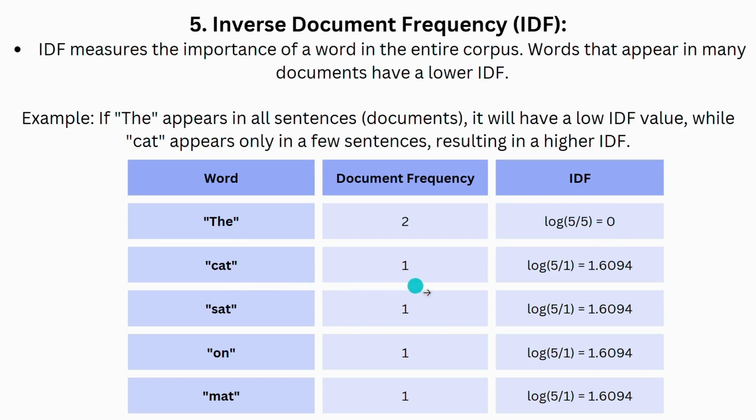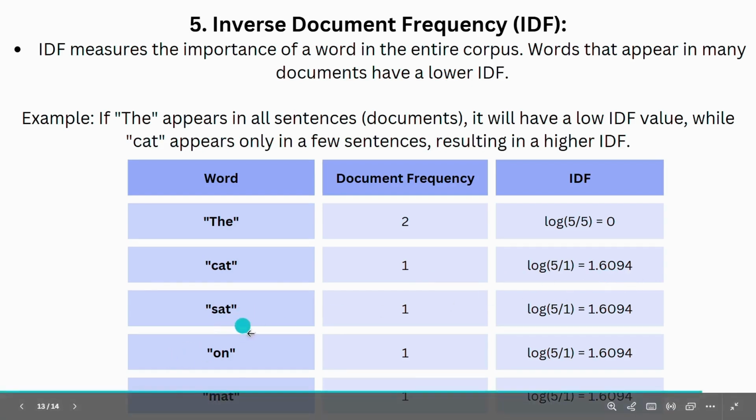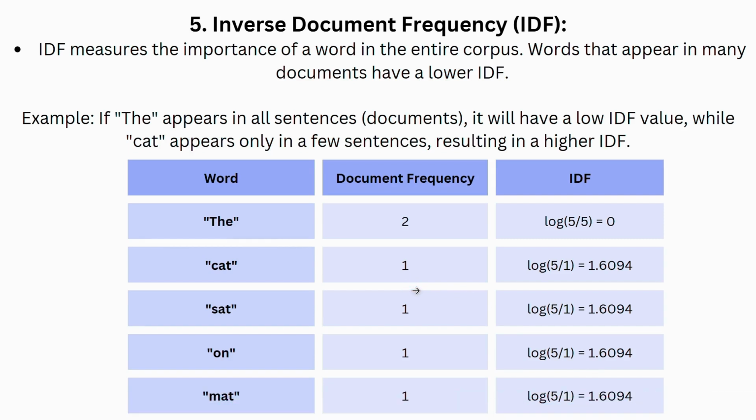'Cat' appears only once, so it gets log of 5 by 1, so it gets 1.6094. Same for sat, on, mat, all appear once, so they get high IDF values. If 'the' appears in all the sentences, it will have a low IDF value. 'Cat' appears only in a sentence, the result is a high IDF value.